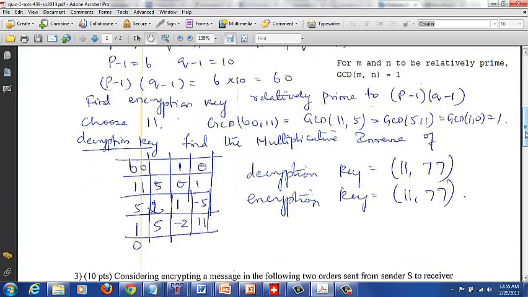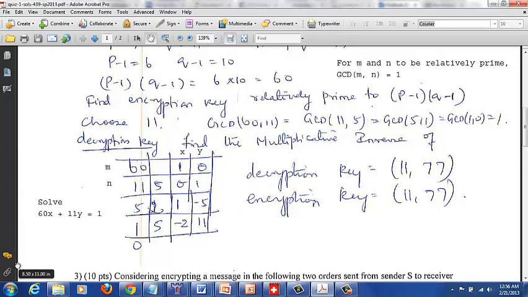Now we want to find the decryption key. So we use the extended Euclid's algorithm. So this is your M, this is your N, 60 and 11, and this is your X and this is your Y. So we want to solve 60x plus 11y equals 1.